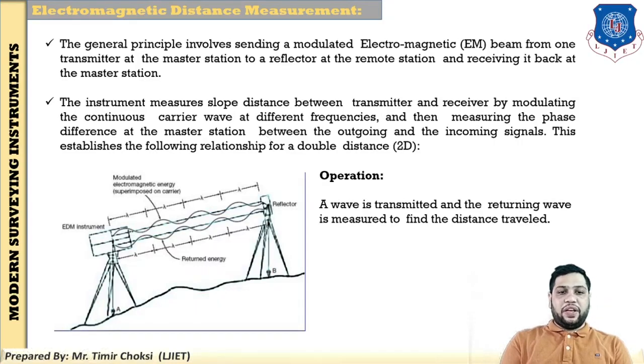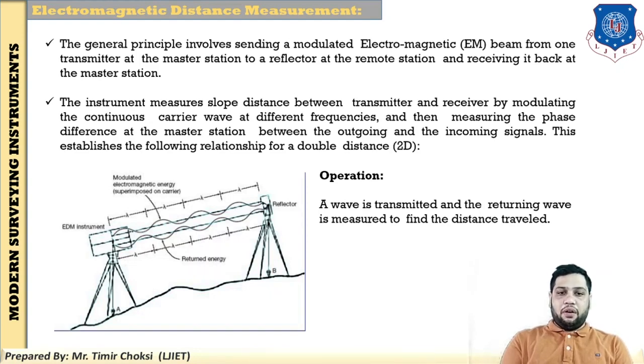So the difference is found between the outgoing and the incoming signal, and from this you can easily find the distance between the station and the object point.